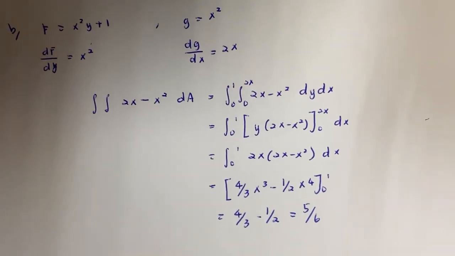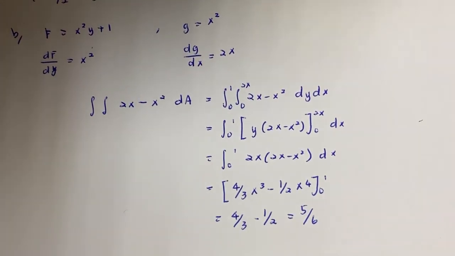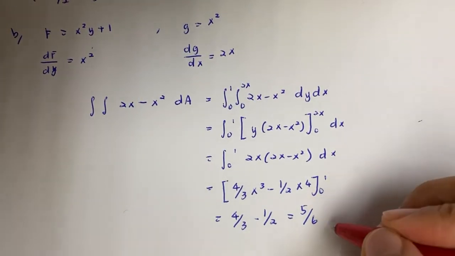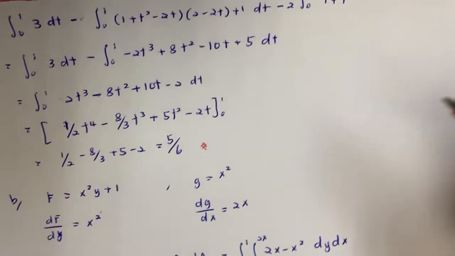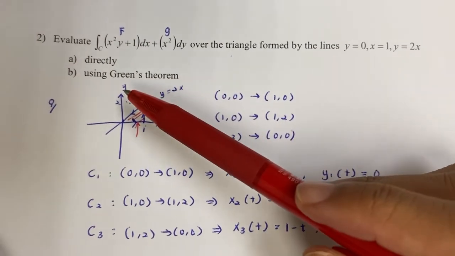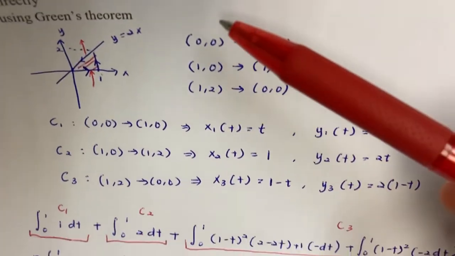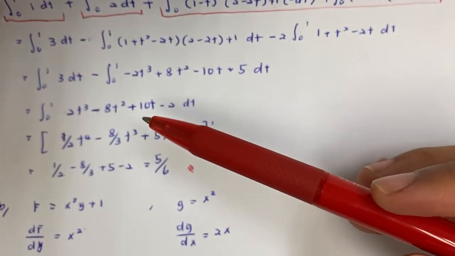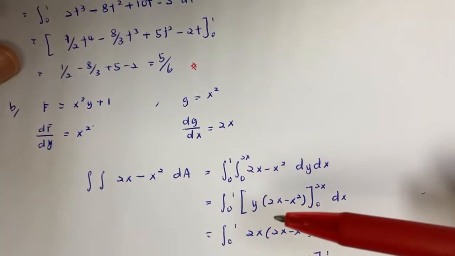As we solve the double integral, we get 5 over 6 using Green's theorem. So basically, you can solve this question either using the line integral directly or using Green's theorem. The final answer will be the same.